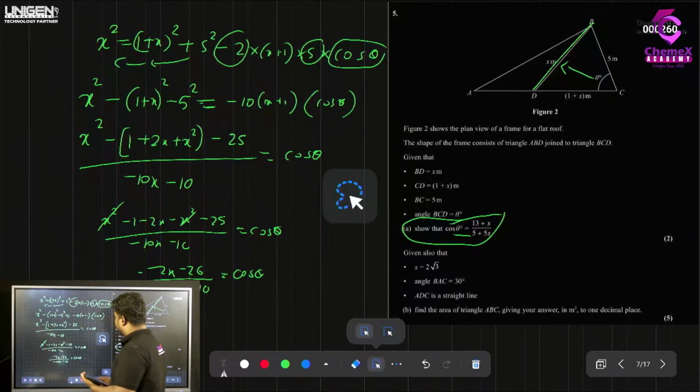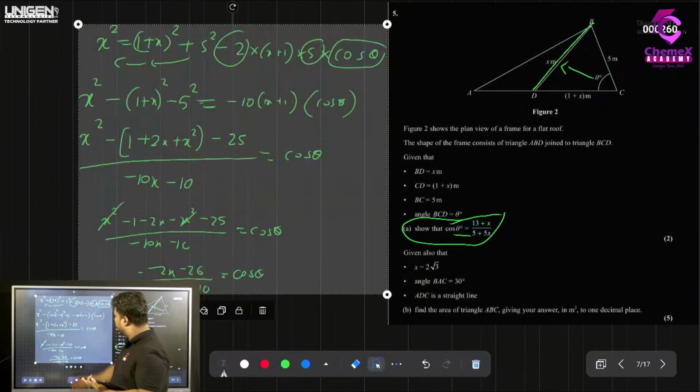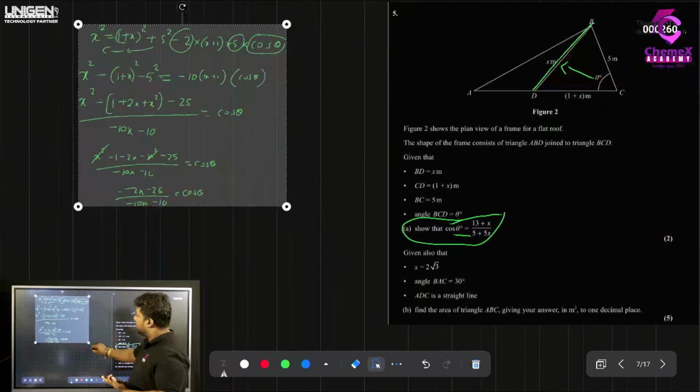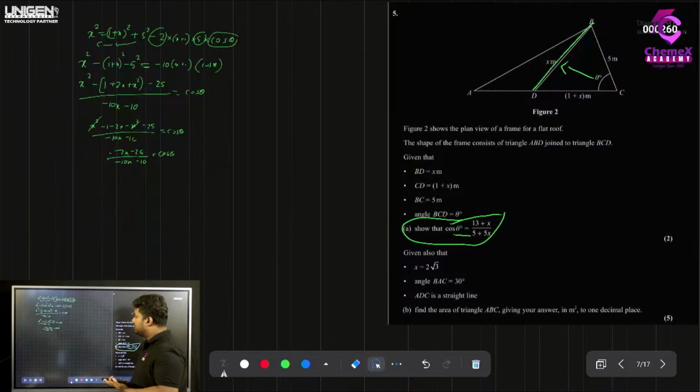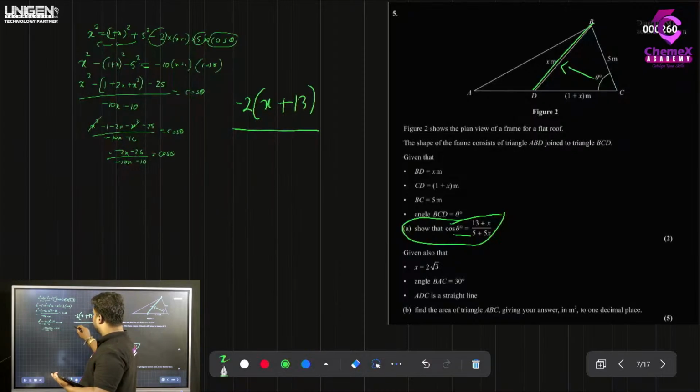Okay. We got that. We can take minus 2 out: x plus 13 over, make it, we can take minus 2 out, minus 2 times 5x plus 5 equals cos theta.